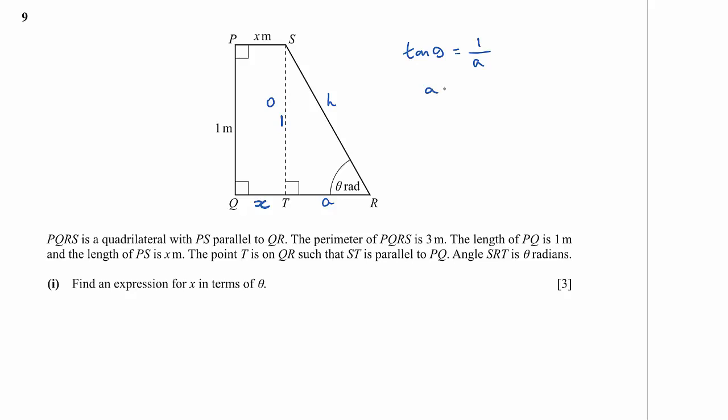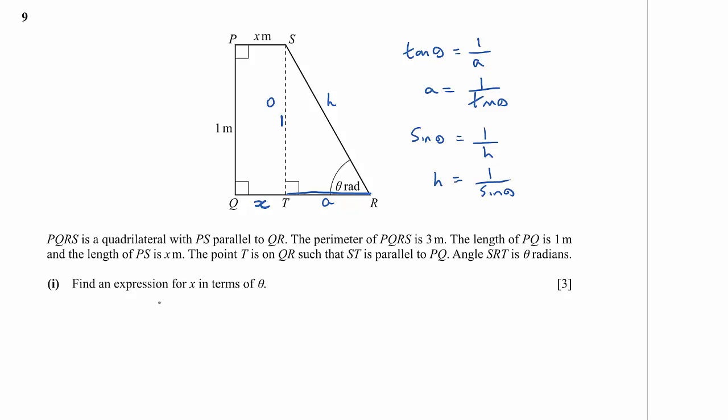And so a is going to be 1 over tan theta. So that's that distance just there. Sine theta is going to be the opposite, which is 1, over the hypotenuse, which here I've called h. And that gives me h is 1 over sine theta.